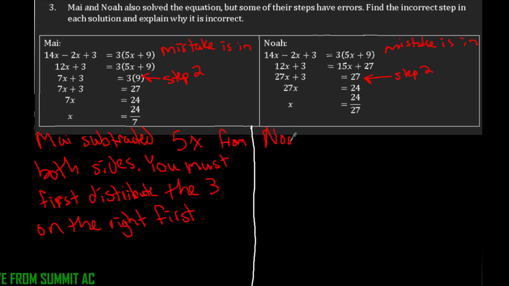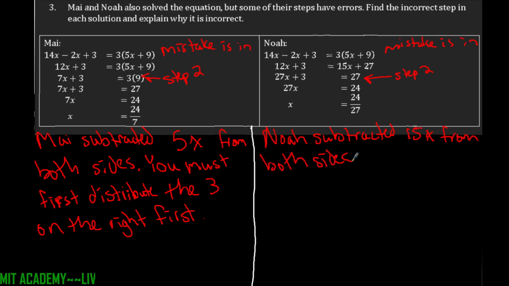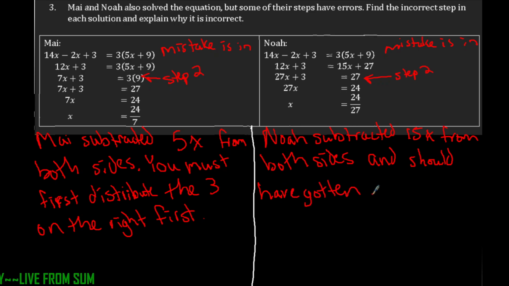So let me say that. Noah subtracted 15x from both sides. And they should have gotten negative 3x on the left side.